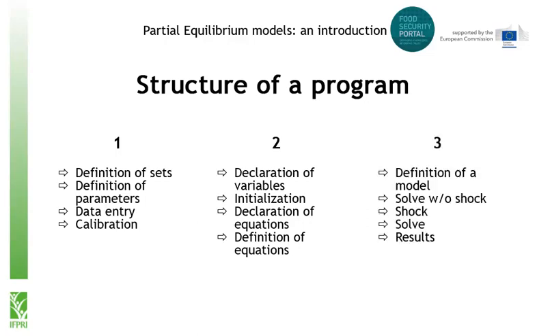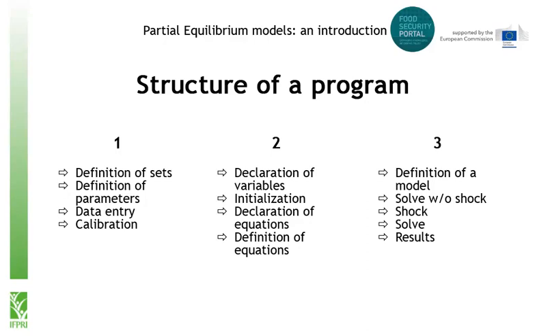Then in the third stage, you will see that we will have to define the model. We will have to make a solve without a shock. You will understand later on the implications of that and why we do that.